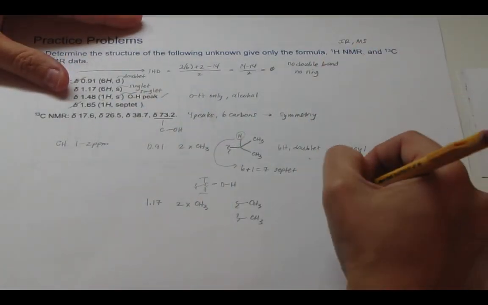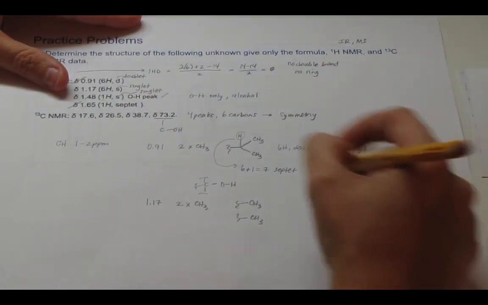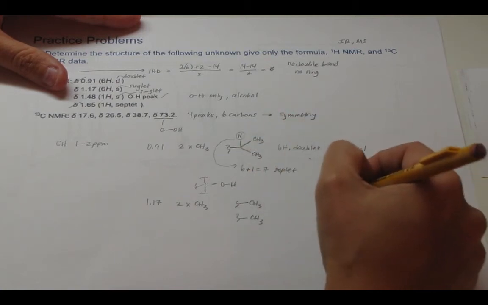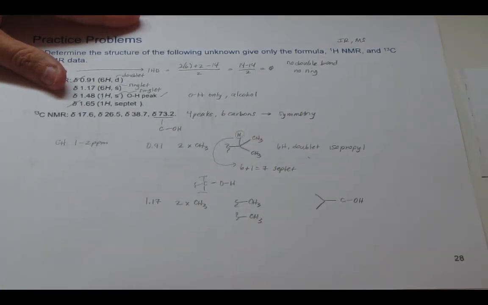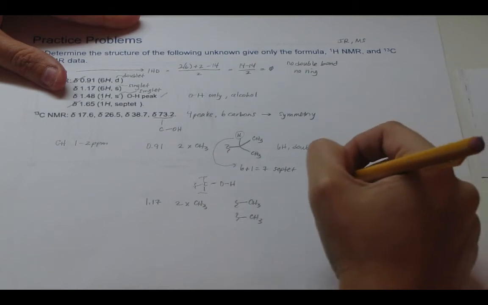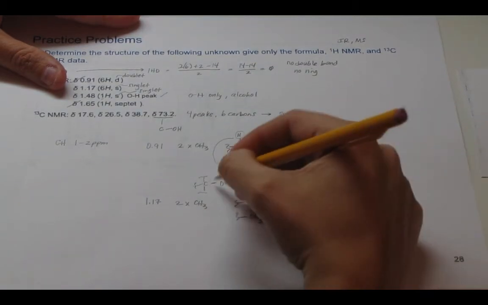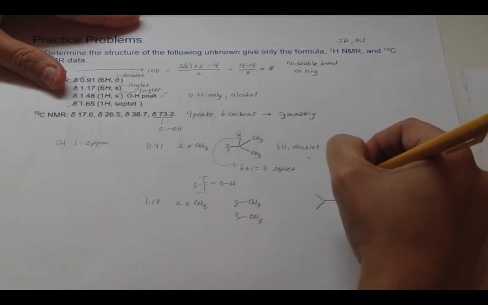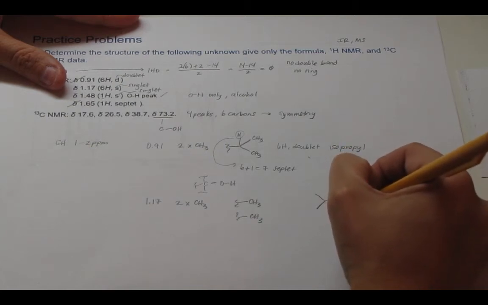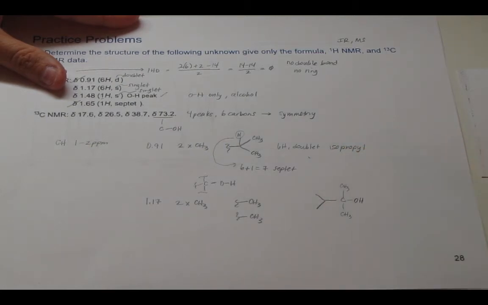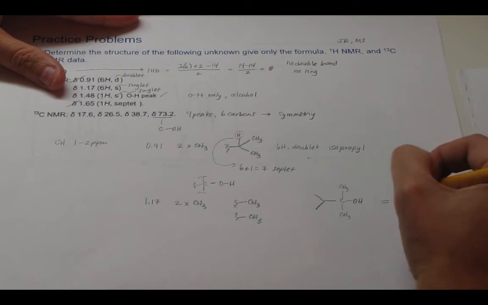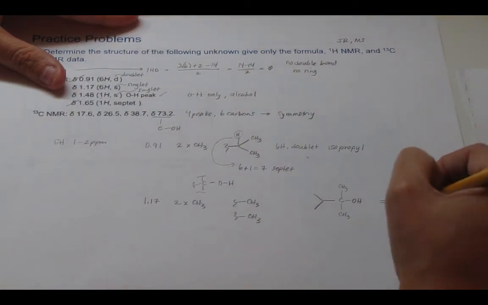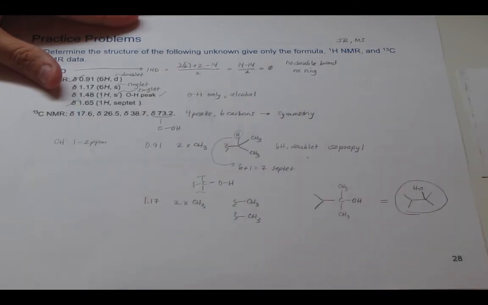And so I'm just going to put that all together. I have my OH. I'm going to put this attachment over here. And then I'm going to put my CH3s at the top and the bottom. And so this looks a little weird if I just redraw it. We have this compound right here.